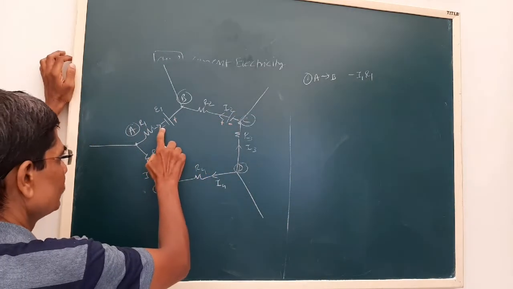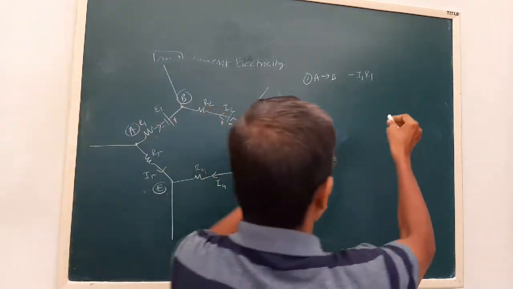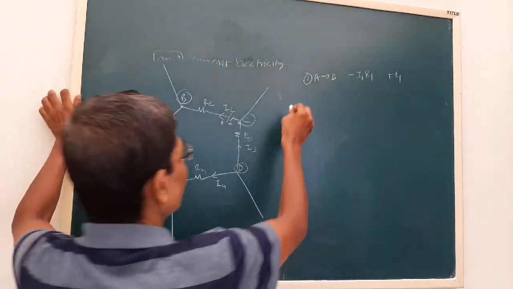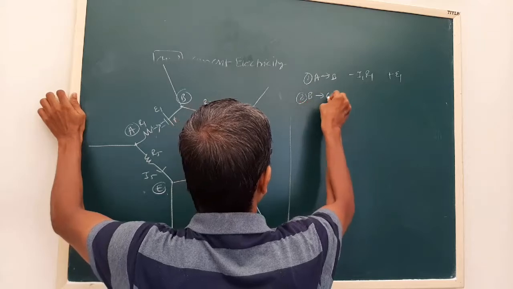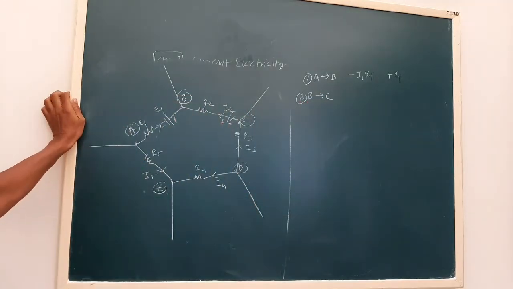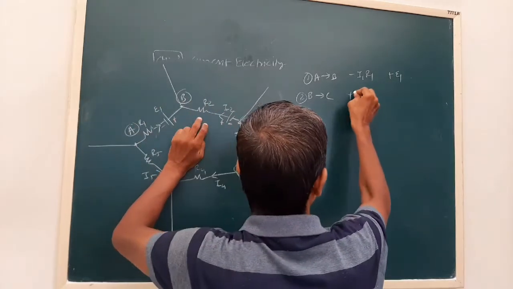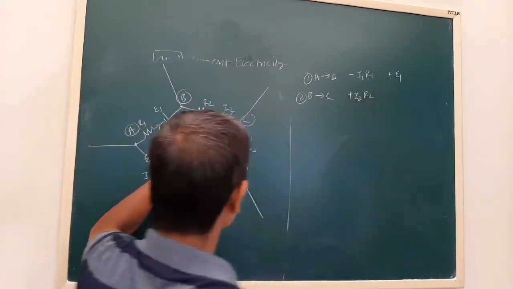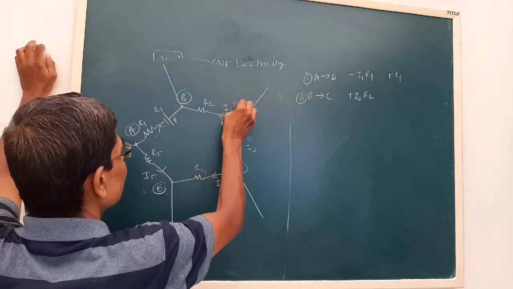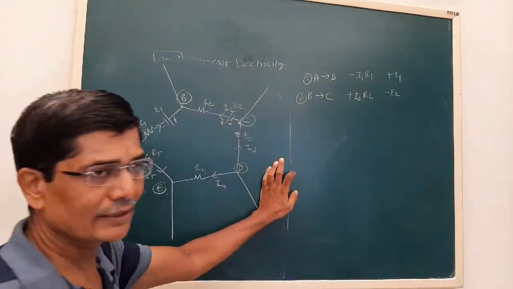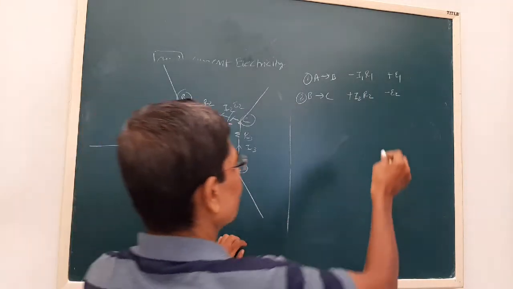Also we move from the negative to positive of the battery, so an increase in the potential. Now from B to C, we move in the opposite direction of the current, so that will be an increase in the potential. And also we move from the positive to negative of the battery, so there is a decrease in the potential equal to the EMF of the cell.